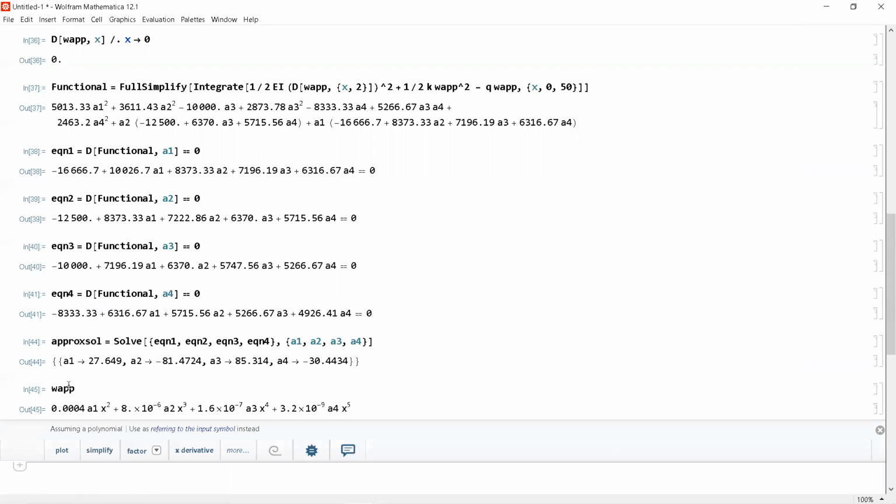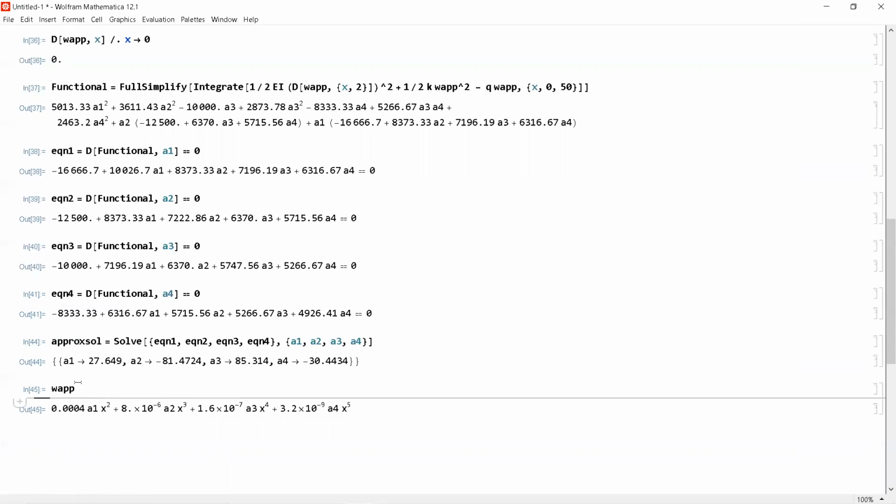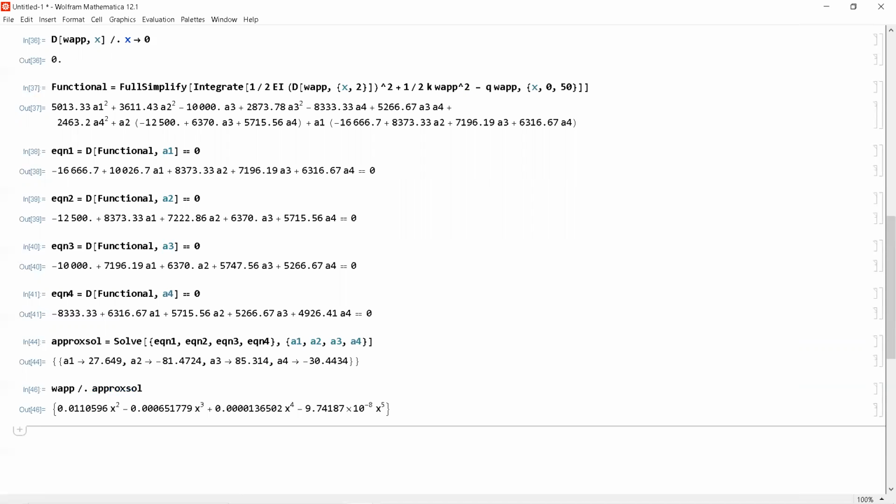So I want to evaluate W app on this approximate solution. To do that, I'll try to get these arrows extracted out. Let's see if it works just by itself. I'm going to evaluate this.